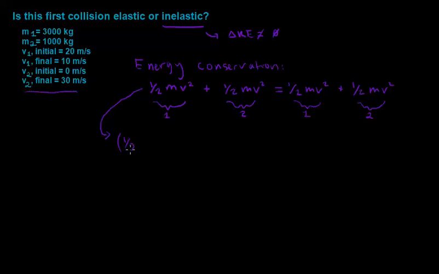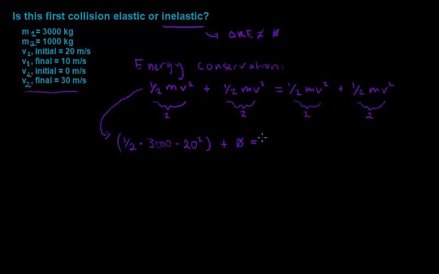For our first rock, 1/2 times 3,000 kilograms times the initial velocity, 20 meters per second, squared, plus, and this is actually just going to equal 0 because we know that the initial velocity of rock 2 is 0 meters per second. So that's just 0.